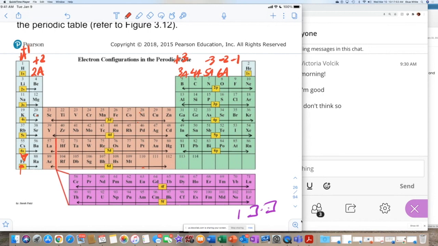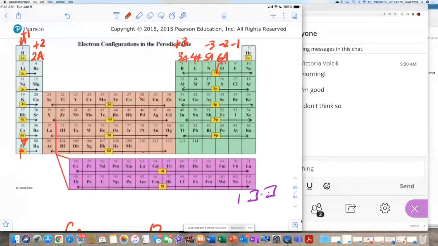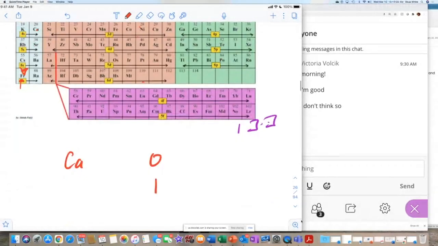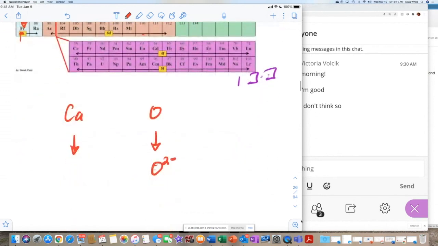And then 8A doesn't really form a charge. Okay? So the position of oxygen makes oxygen normally form an oxide of oxygen 2 minus, or oxygen -2. Calcium, based on its positioning, forms an ion, calcium ion, of Ca2 plus.